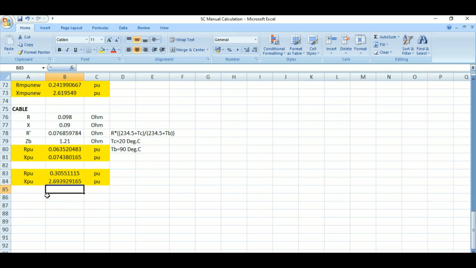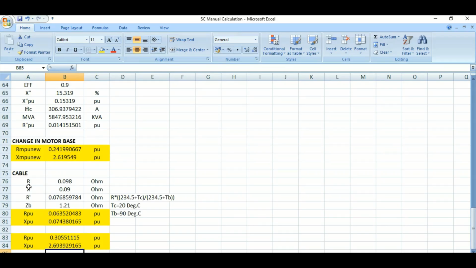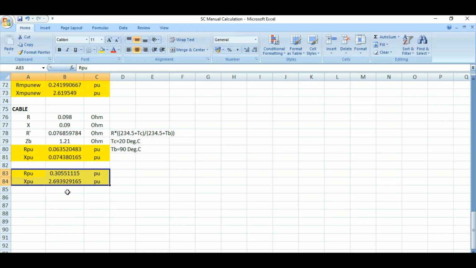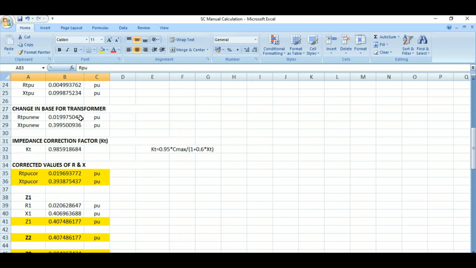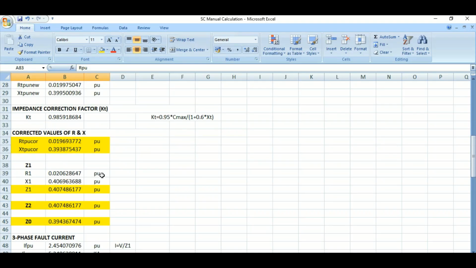Now if you see, this is for the motor and cable series resistance value and series reactance value. And previously we have found out the R value here. This is R1 and X1.